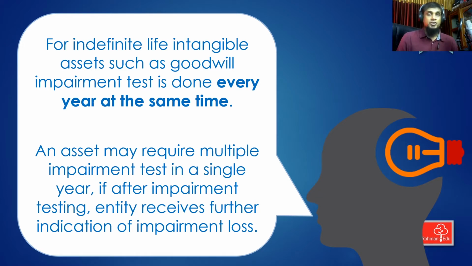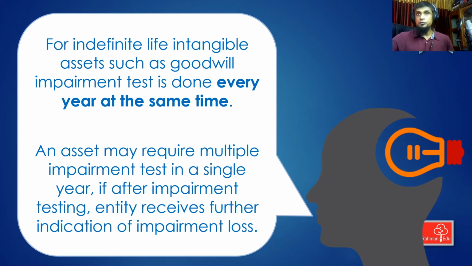And apart from that, an additional impairment test may be required if you got an indication. Then an additional impairment test will be necessary. All right, then you got the indications and you now know when to carry out an impairment test.